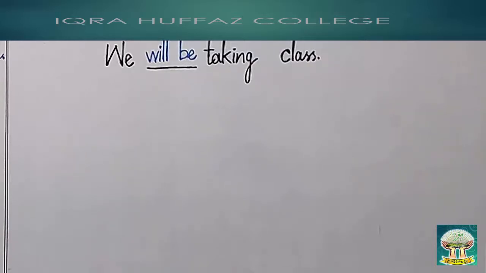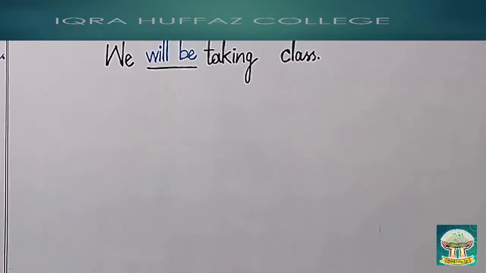So my dear students, I am asking you again, what do you think this sentence belongs to? Present, past, or future? Yes, you are right. Now this is future tense. So you see the importance of auxiliary verb.